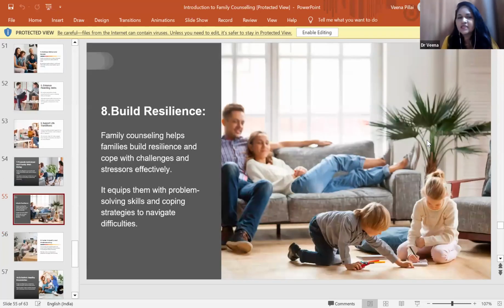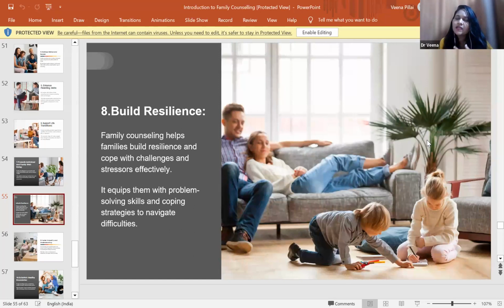So build resilience. Family counseling helps families to build resilience and cope with challenges and stresses effectively. It also helps to enhance the problem solving skills of the family members, and to develop coping strategies whenever there is any crisis or any sort of issue in the family, where the family is totally broken.